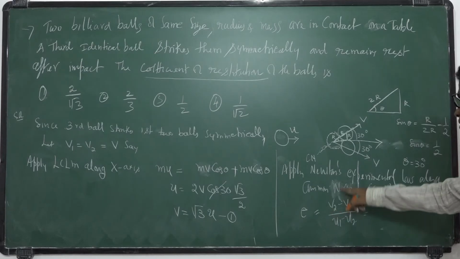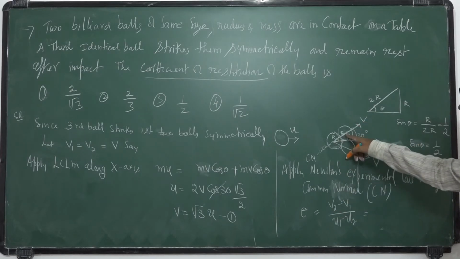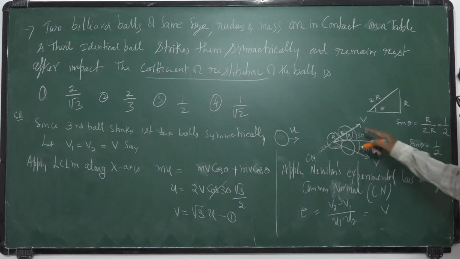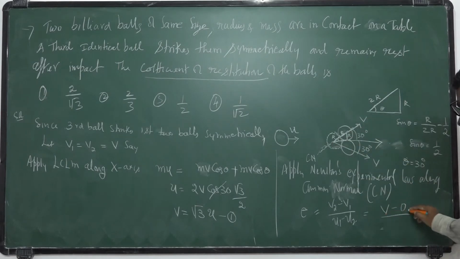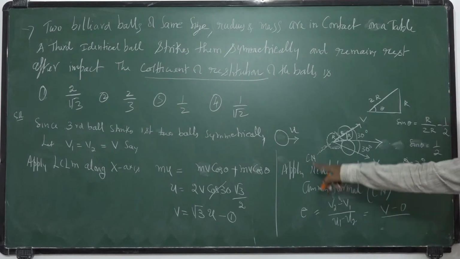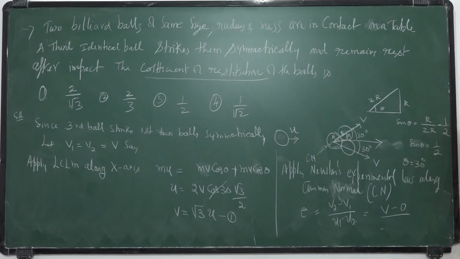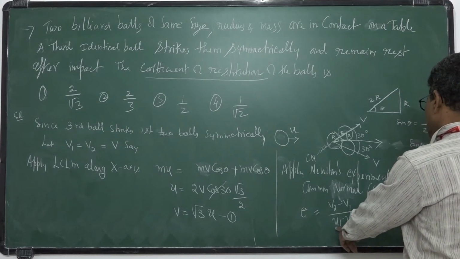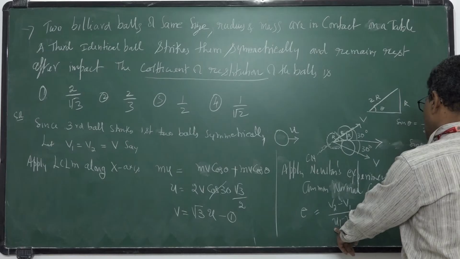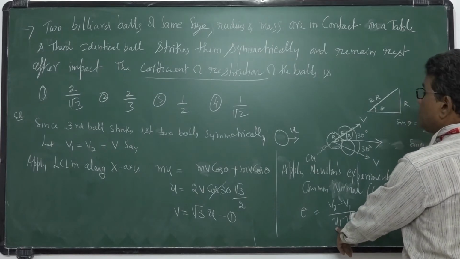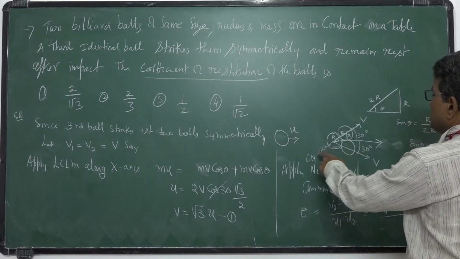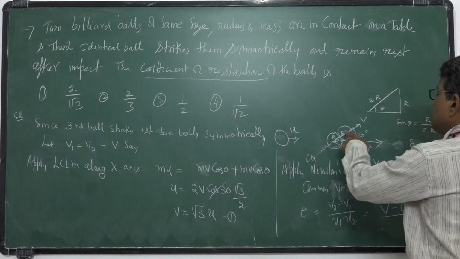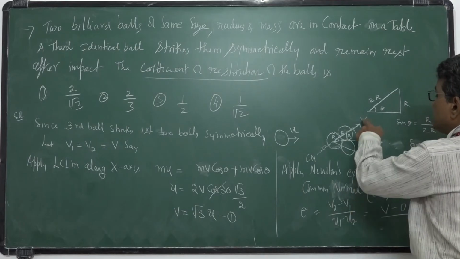Along the Cn direction, the second ball has velocity v2, which is v. The initial velocity of the second sphere in this direction is 0.